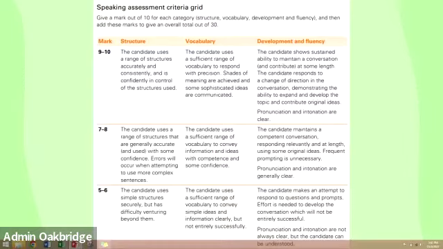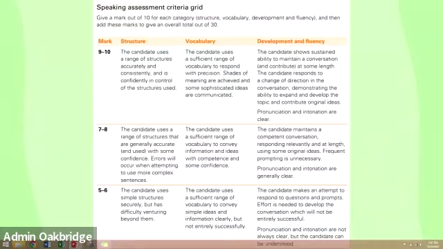You see the highest score is 9 to 10. In order for you to receive this 9 to 10, see the first row, you have to use a range of structure accurately and consistently, and you must be confidently in control of the structures that you use. Vocabulary, you must use a sufficient range of vocab to respond. You must communicate your ideas clearly.